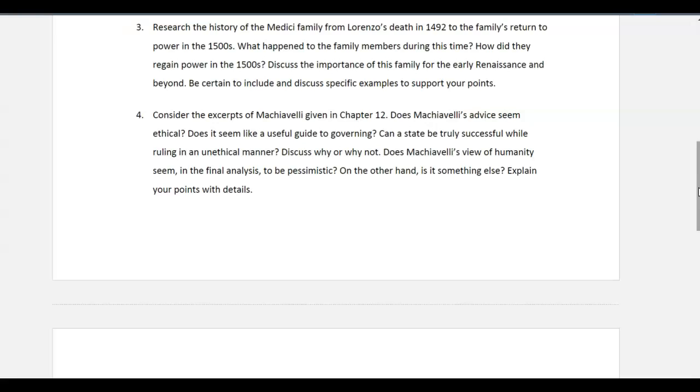Or is it perhaps unethical? Is his view of humanity, as it says here, is he perhaps being pessimistic about what people are? And so I want you to look at those and discuss those aspects and really look at what the points are that are raised in your textbook in Chapter 12. If you want to look further about Machiavelli, that would be a good part for the research.